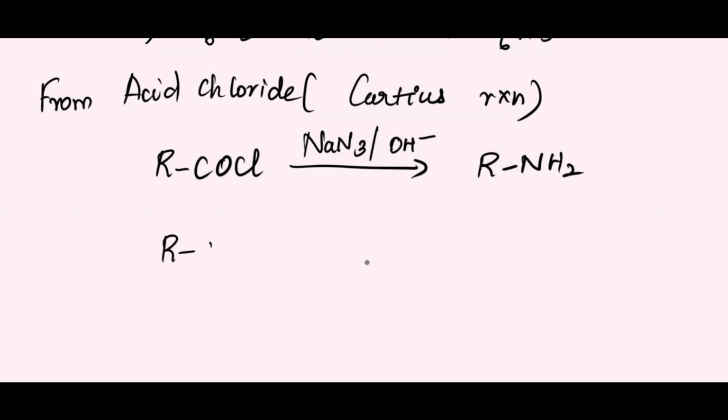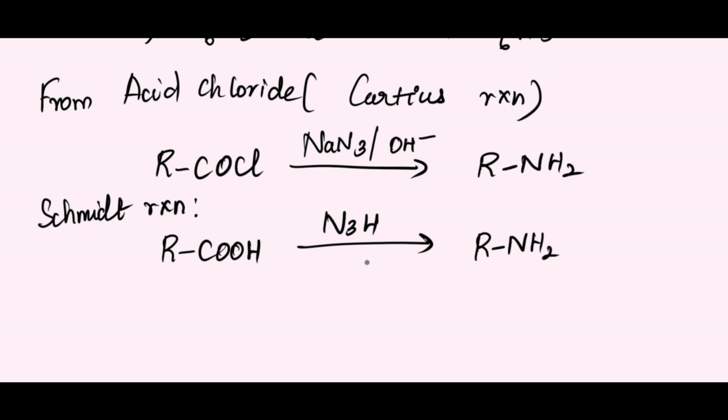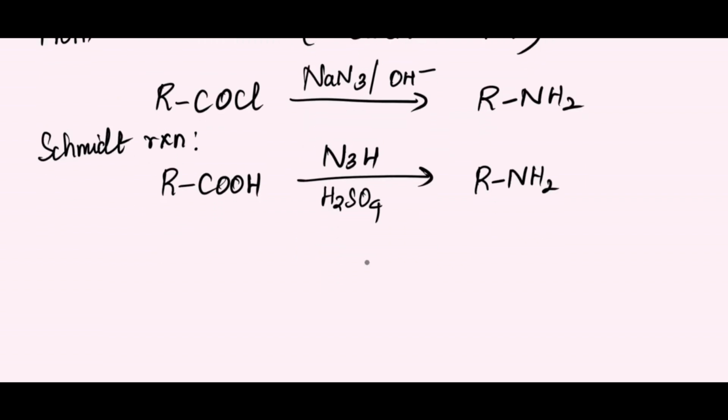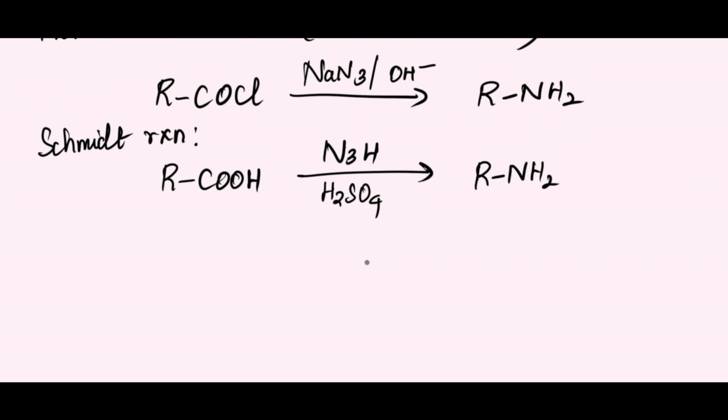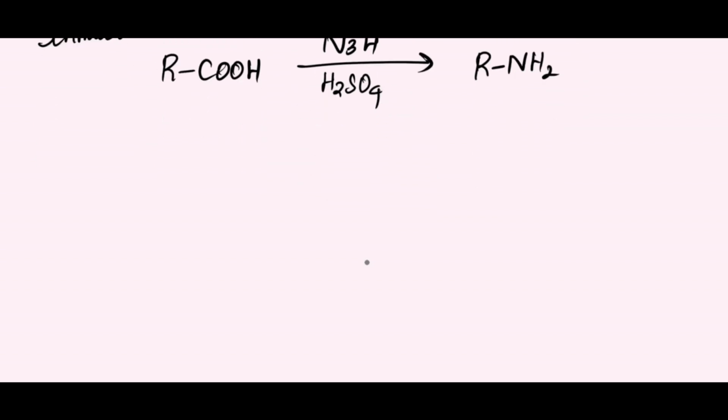Of course, with carboxylic acid also it will give you amines. That reaction is called Schmidt reaction. Point to be noted, N3H is not NH3. N3H in the acidic medium, that is Schmidt reaction. Sodium azide in basic medium is giving us amines from acid chloride. So these are the preparations of amines.